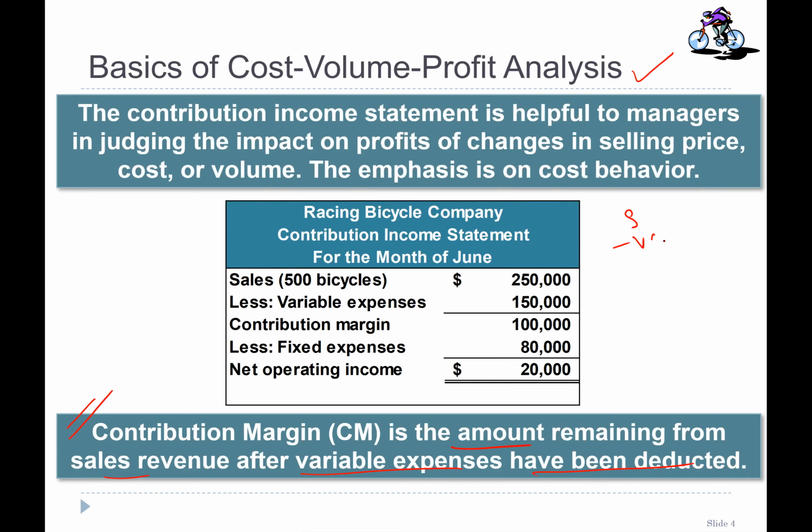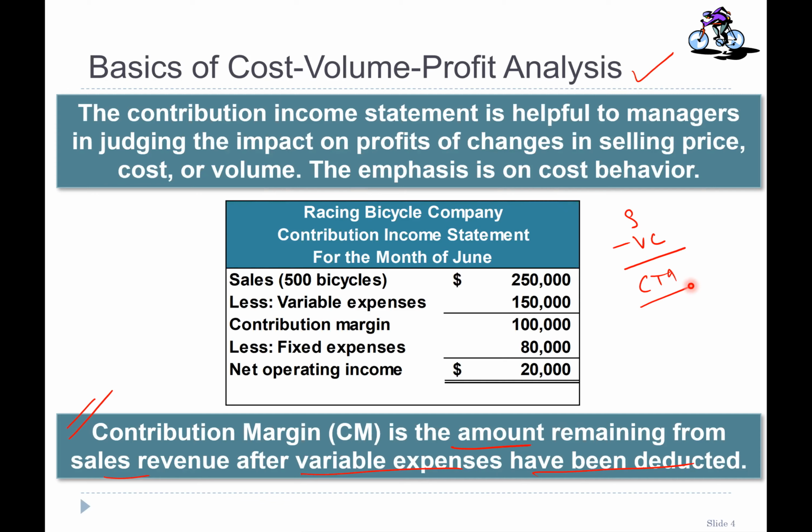Sales minus variable cost is your contribution margin, right? So the contribution margin income statement is helpful to managers. Remember, this is for managerial purposes, right?